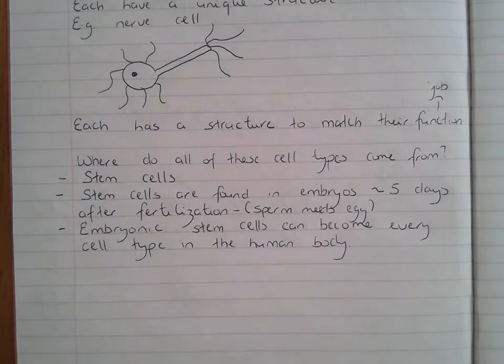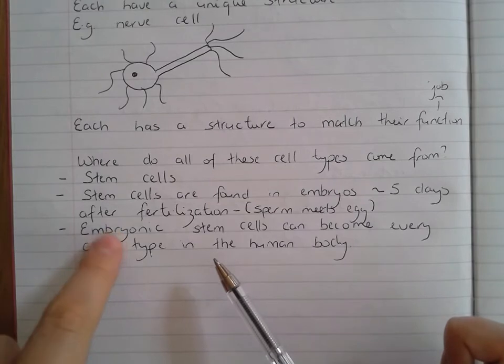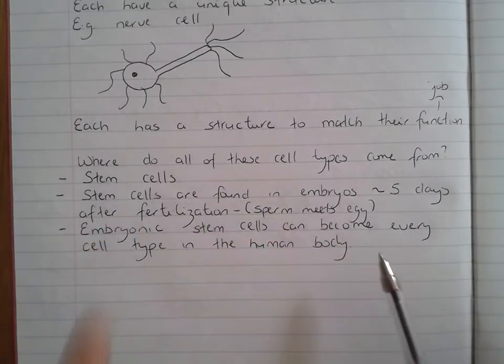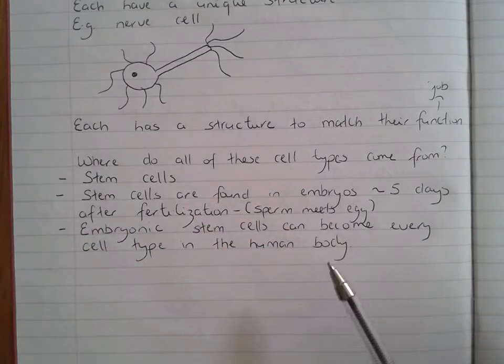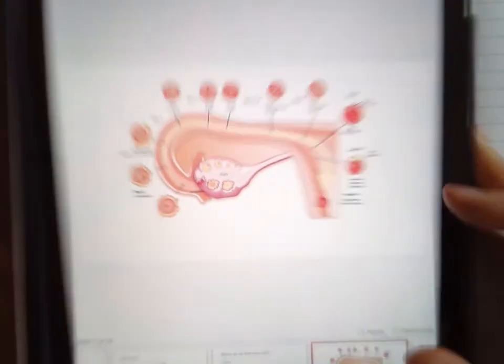Okay, they can become every cell type in the human body. And this is going to be really, really important when we start looking at different diseases, okay? These particular cells, that you only find in the embryo, can become every cell type in the human body, okay?